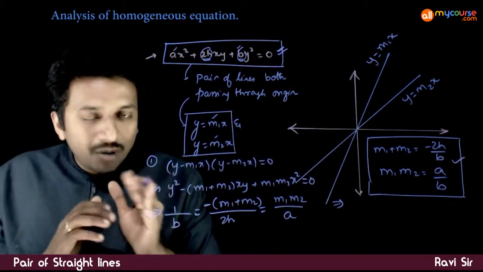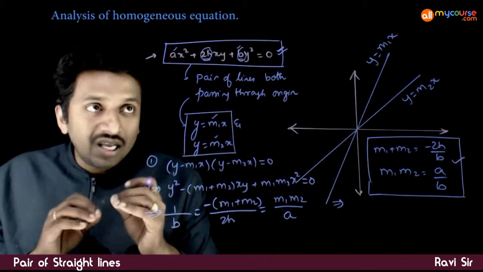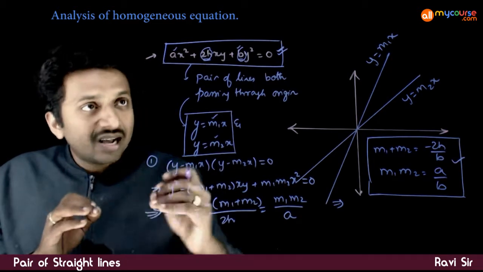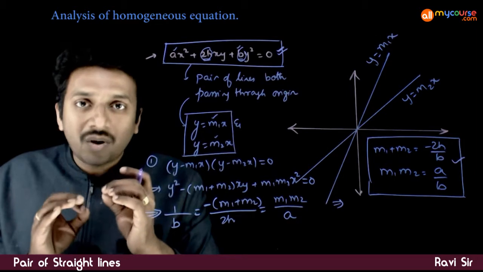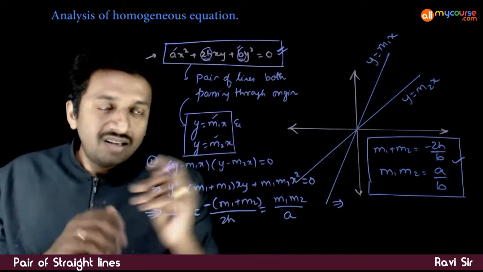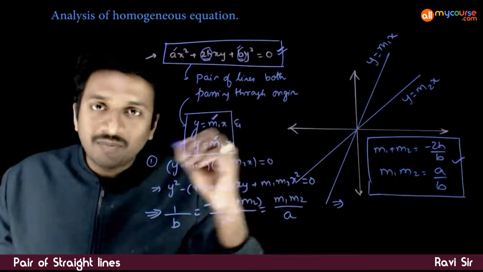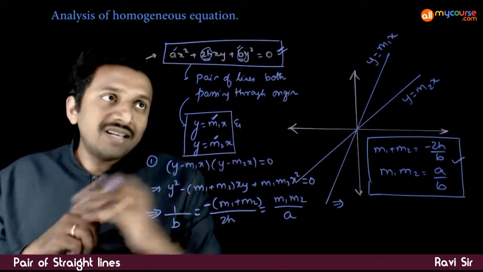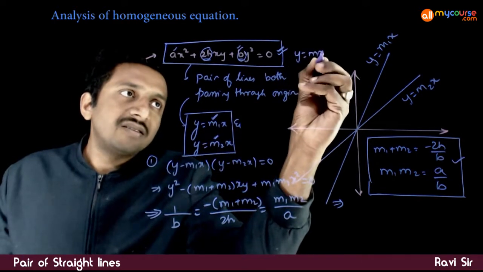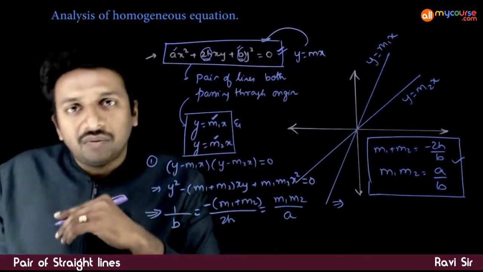So this same topic, same equations can also be derived by converting this equation into a quadratic in m. That is, instead of assuming y equal to m1x and m2x as the roots, let us say that y is equal to mx satisfies this equation.